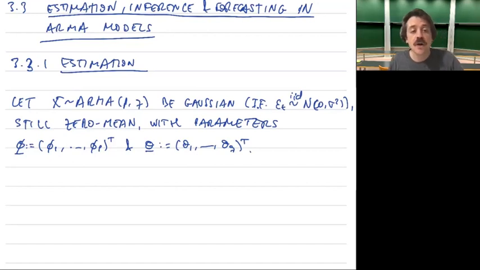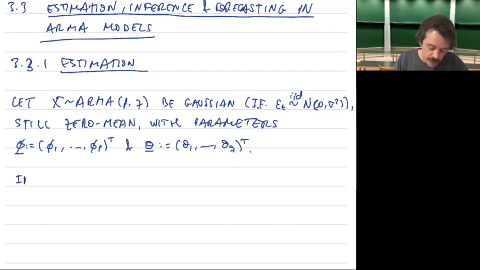Okay, so now in practice, and this is really important, and I think we may have anticipated it already in the practical, we don't really observe the whole trajectory of this time series for the whole of the integers, if it were defined for the integers, but instead we just have a finite number of observations, right?